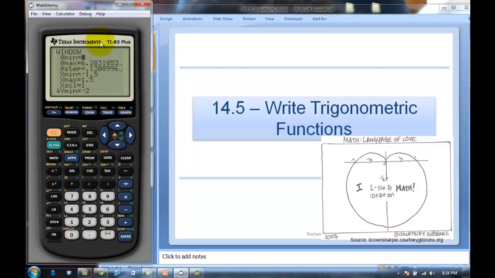You probably don't understand that, but I don't have time to get into polar coordinates. Let's just graph this thing. And there we go. You could play with the window a little bit. Maybe I should have just made the y max be like 0.5. It's probably going to look a little bit better. Yeah, that looks better.